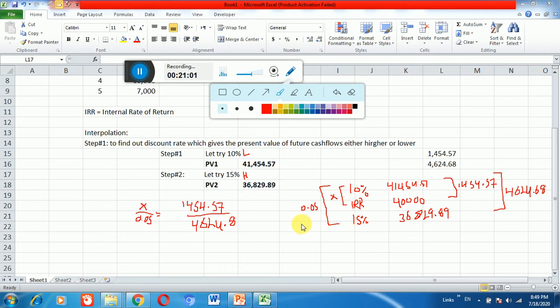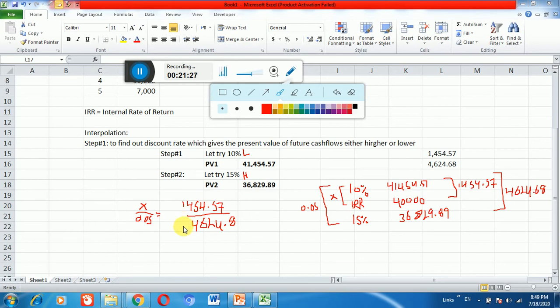Once again, the ratio of the differences between the discount rates must equal the ratio of the differences between the present values computed with those discount rates.